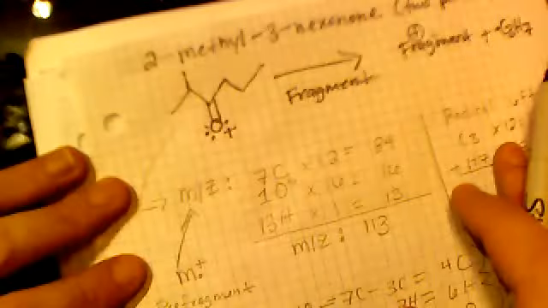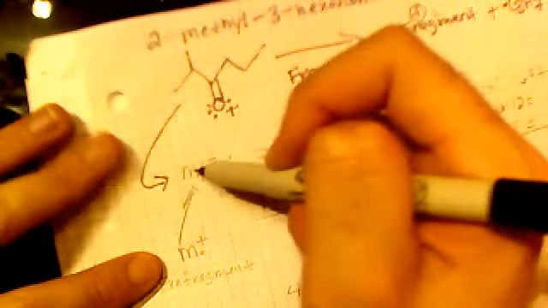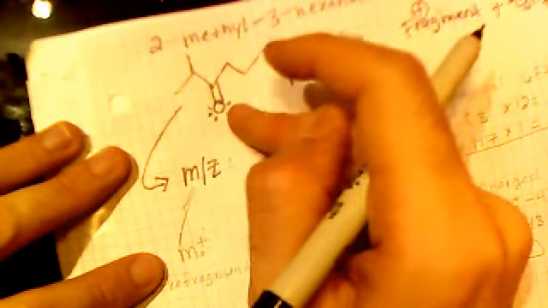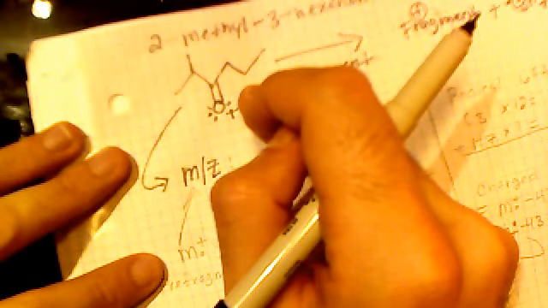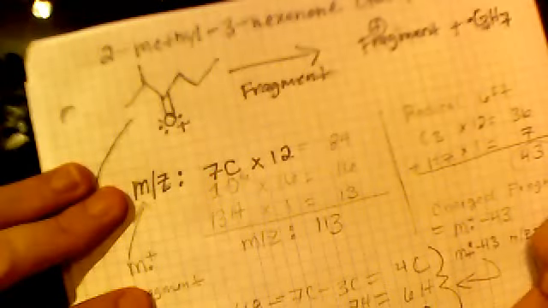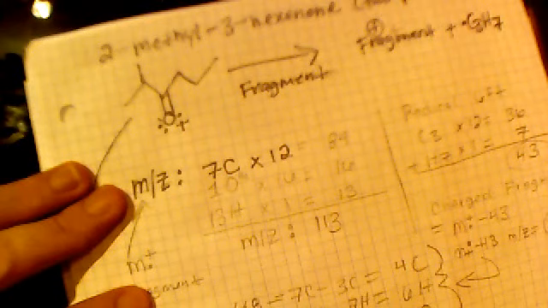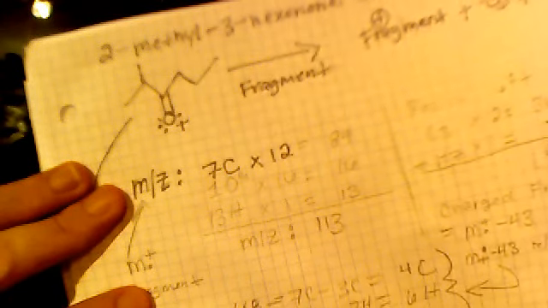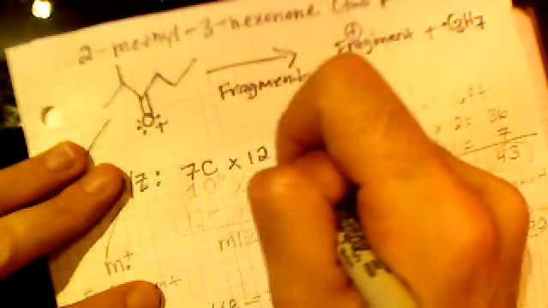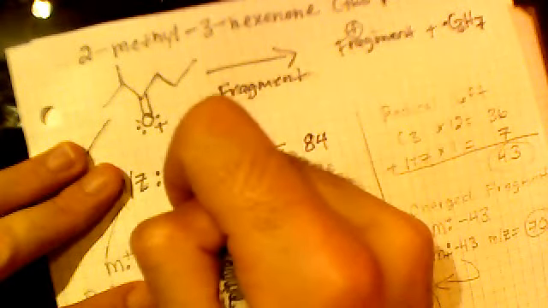So what I did first is I calculated the m/z, the mass over charge, which gives me the molecular weight of this molecule. Okay, it has 7 carbons, so they're multiplied by 12. So 7 carbons times 12 is 84. There's 1 oxygen.